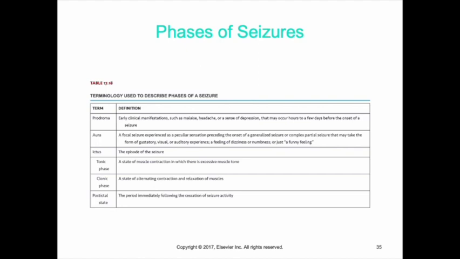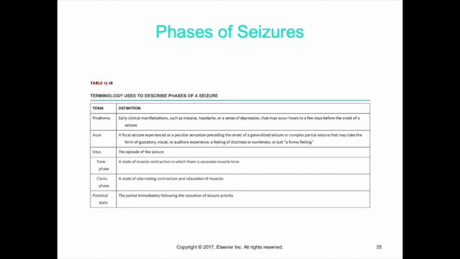The term aura, or this aura phase, is usually experienced with a focal seizure, and a patient may describe a peculiar sensation, much like the aura of a migraine. They might have visual, auditory changes, gustatory changes as well. They may feel dizzy or numb, or even describe it as just feeling funny.